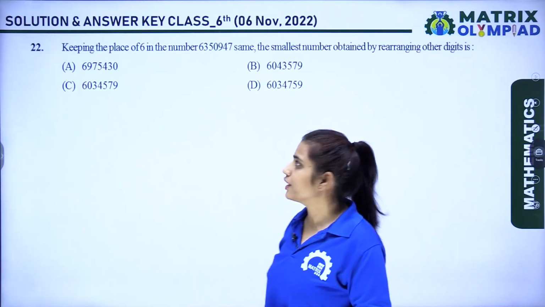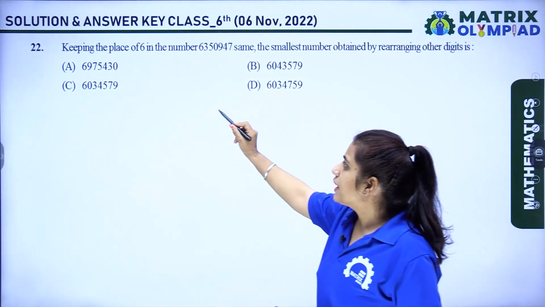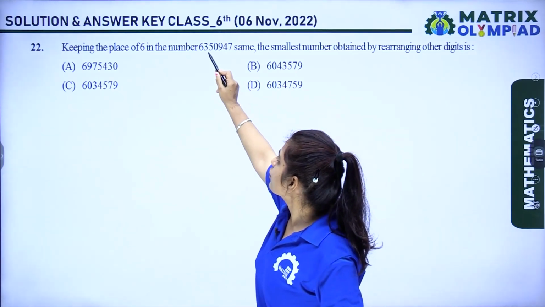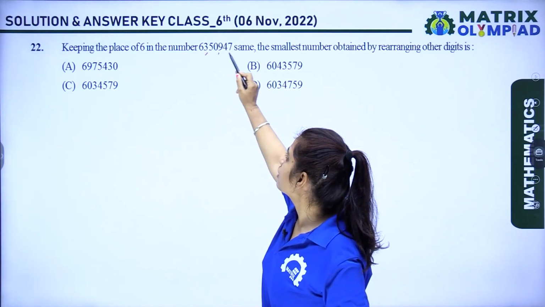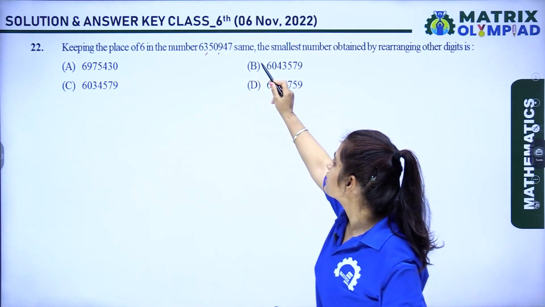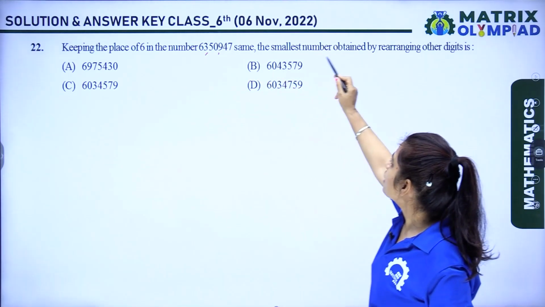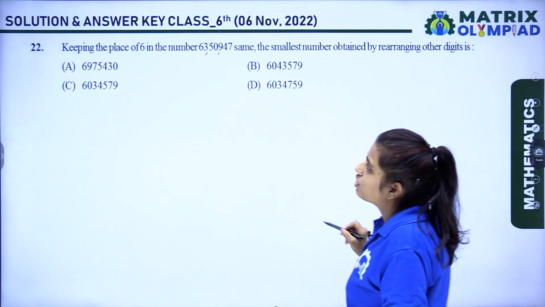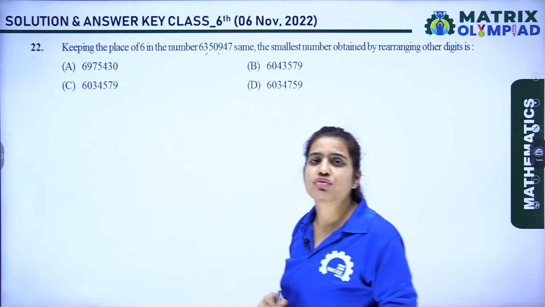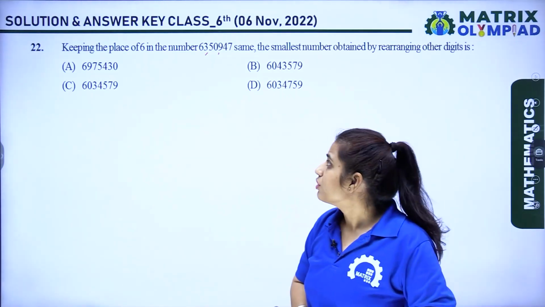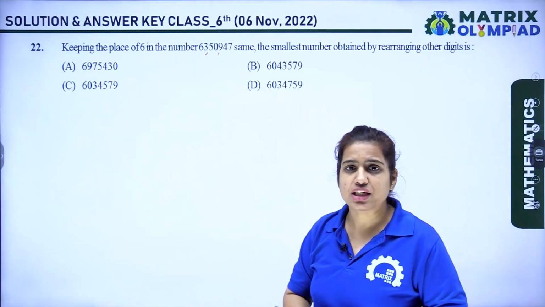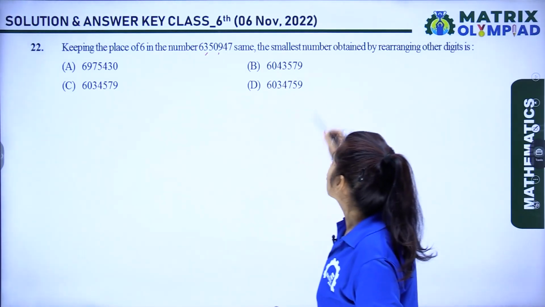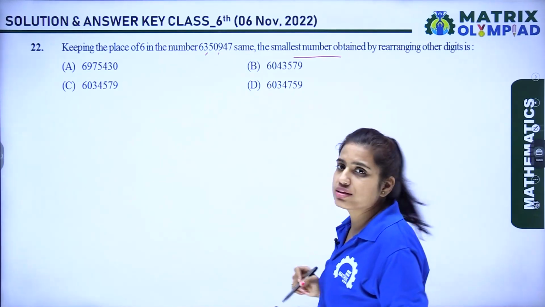Now the next question is, keeping the place of 6 in the number 63,50,947 the same, the smallest number obtained by rearranging the other digits is. So in the given number, we have to keep 6 in the same place and rearrange the other digits so that the number becomes the smallest number.